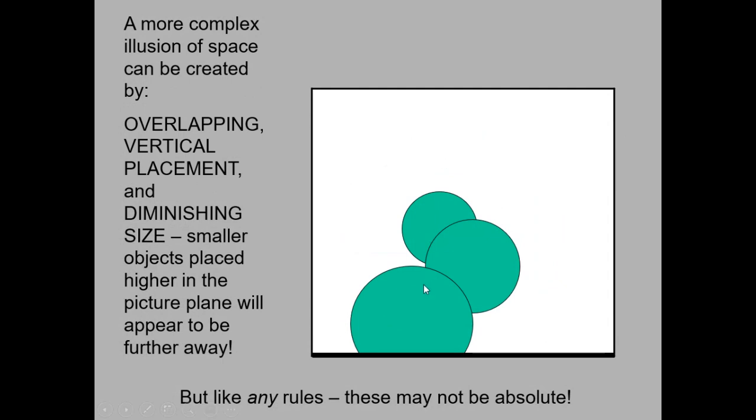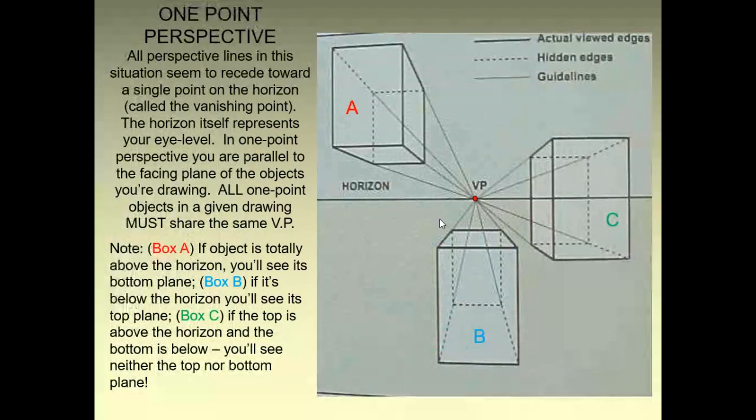I can make this thing feel really close to me because it's low in the picture, but it's also huge compared to the thing it overlaps and compared to the next thing behind it. So by combining overlapping, diminishing size, and placement in the picture plane, I can create an illusion of 3 dimensions, even just with some simple cutout shapes.